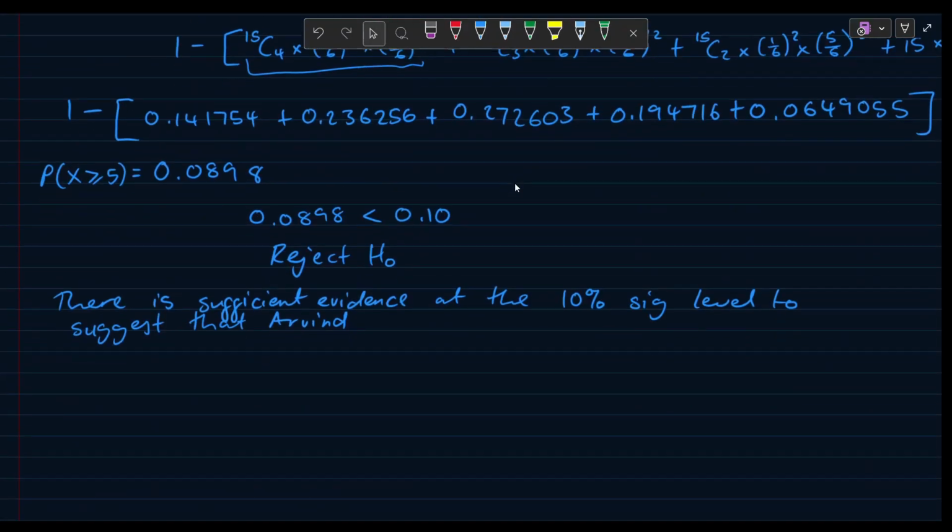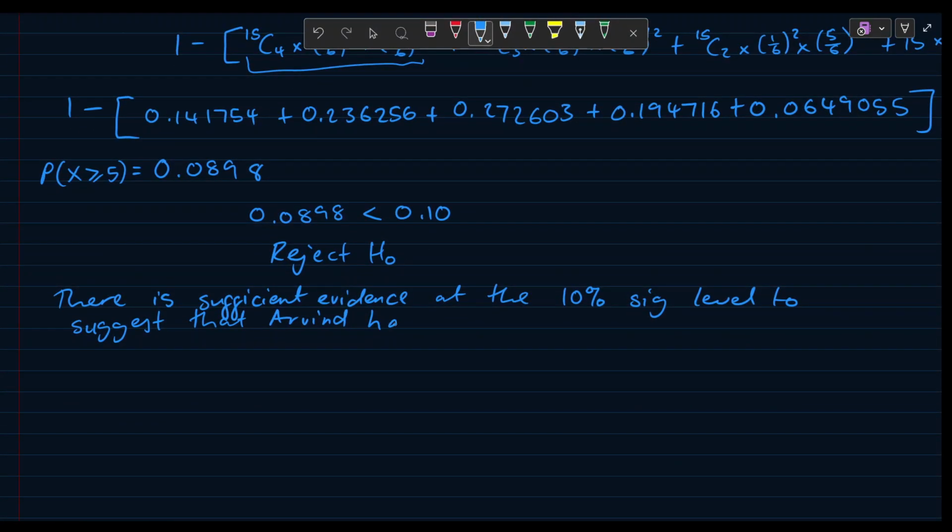To suggest that Avent has a system to predict the correct score, to predict the score when the die is thrown.